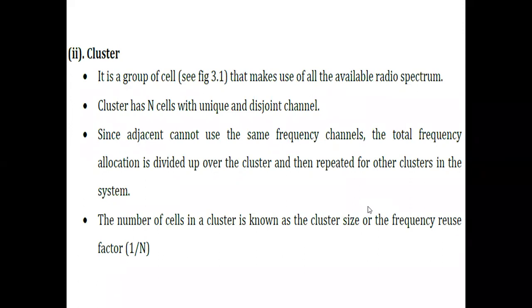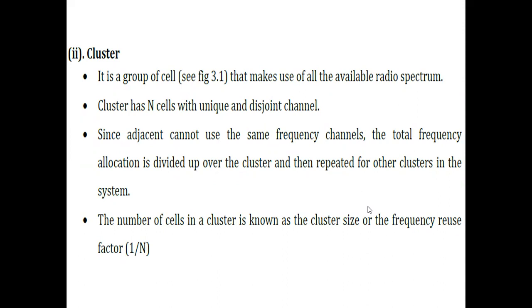Since adjacent cells can't use the same frequency, adjacent cells have different frequencies. So the total allocated frequency is divided among the cells of one cluster, and that frequency allocation is repeated for the other clusters in the system.